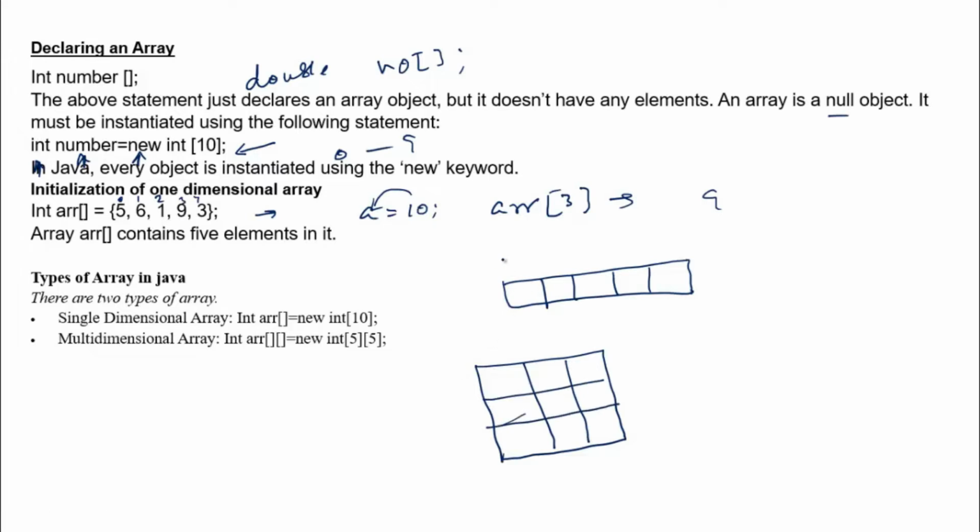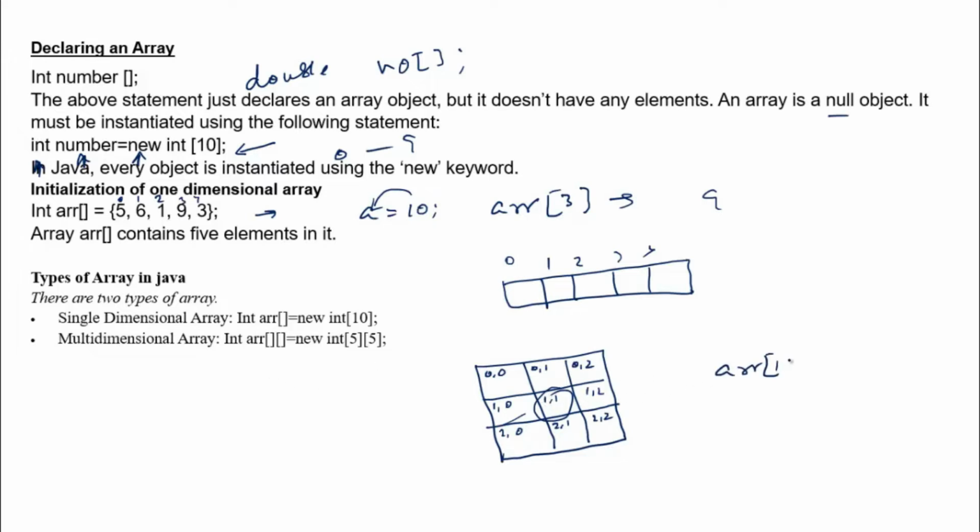So here it is 0, 1, 2, 3, 4, and here it is 0 0, 0 1, 0 2, and it is 1 0, 1 1, 1 2, 2 0, 2 1 and 2 2. This is the index number. If I want to access the value of this cell here, say it is defined like arr, so it is 1 1.